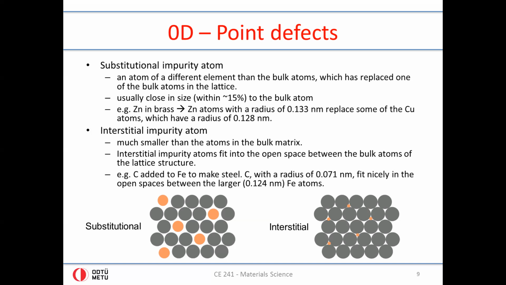I said carbon is intentionally added to iron, but if you actually look in books, or if you take follow-up courses, you'd see that in reality, the amount of carbon in steel is generally obtained by reducing the amount of carbon from the original case. So iron is generally obtained with carbon mixed into it, and the amount is reduced until a desirable amount remains, and those remain partly as these interstitial defects.